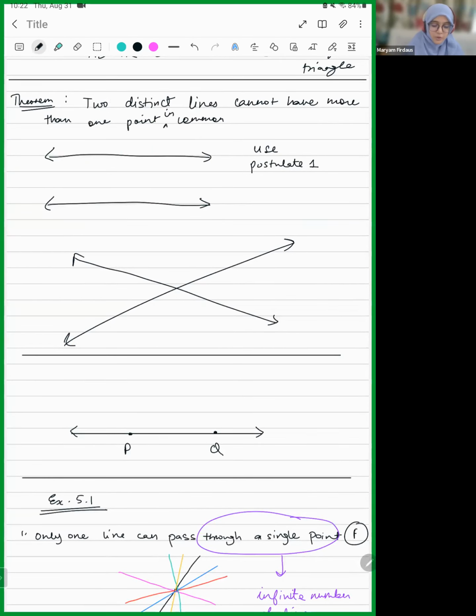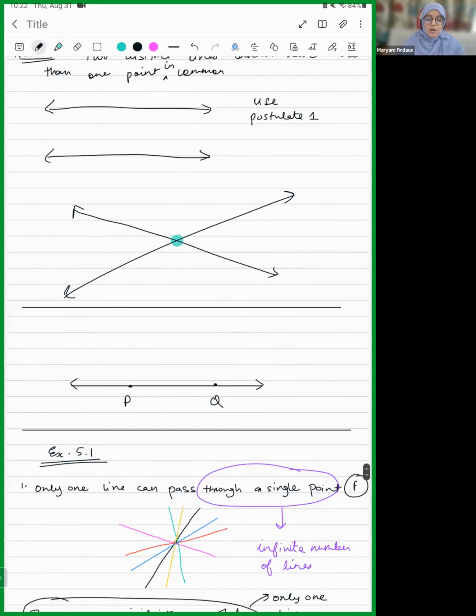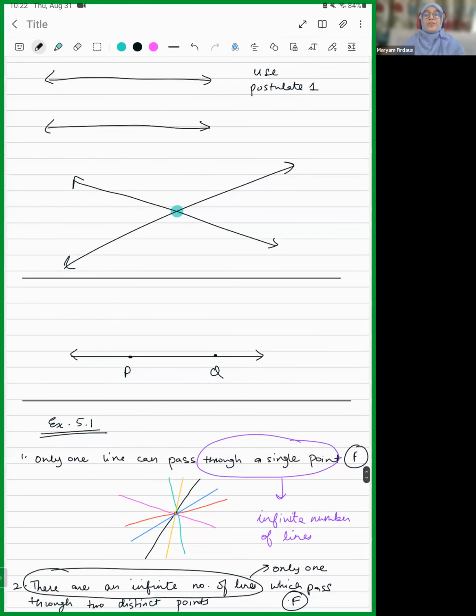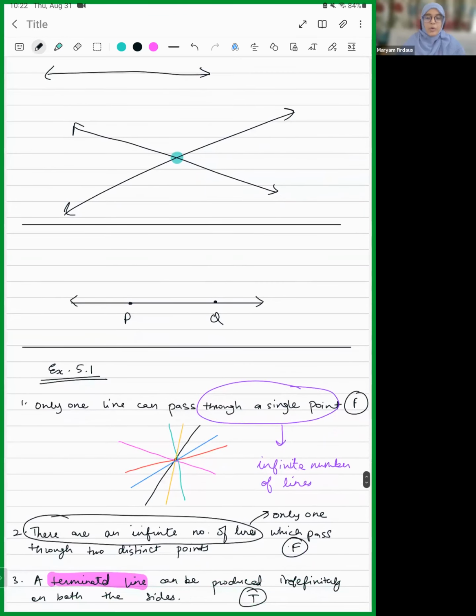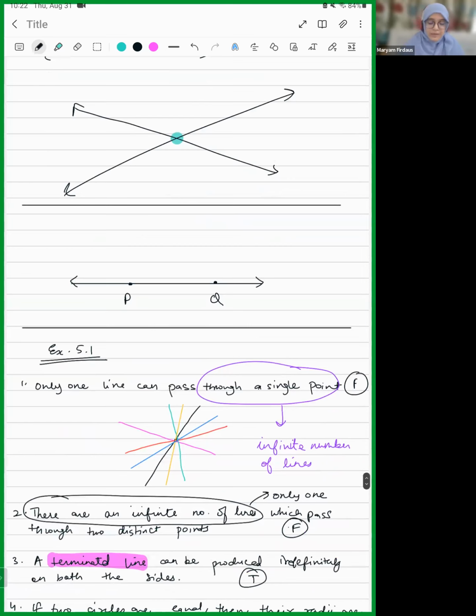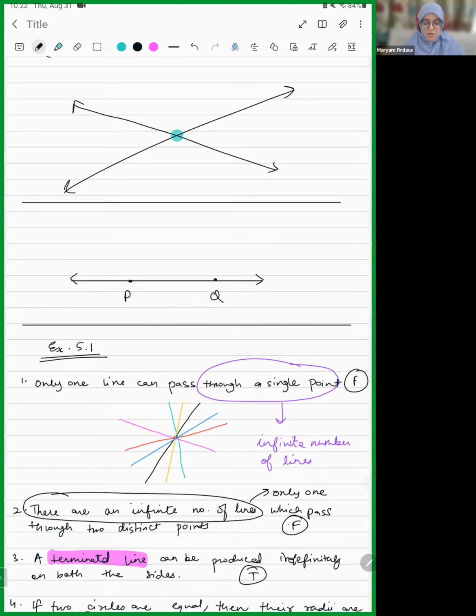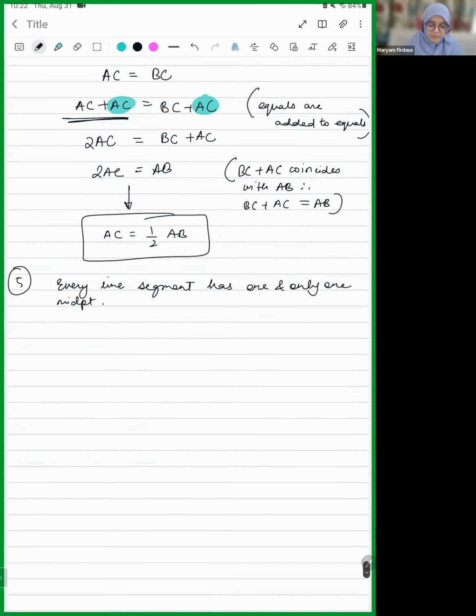We wanted to show that this point of intersection is unique, meaning there's only one point of intersection. So what did we do? We said, let's say there are 2 points of intersection, then let's see what happens. This is called proving through contradiction. We made an assumption that there are 2 points of intersection, and we contradicted that assumption. So now we're going to do the same thing. We are going to say assumption.